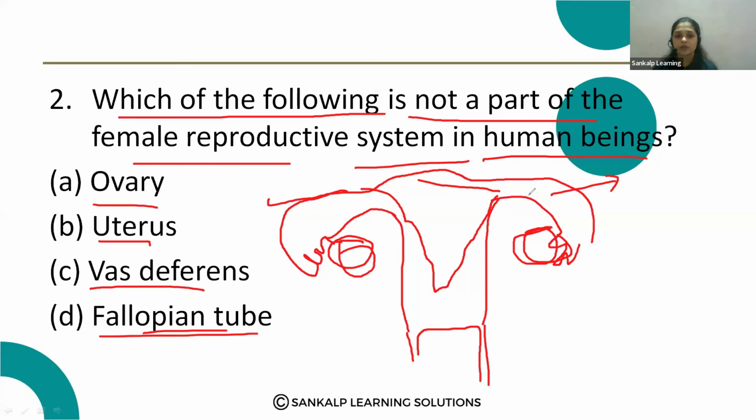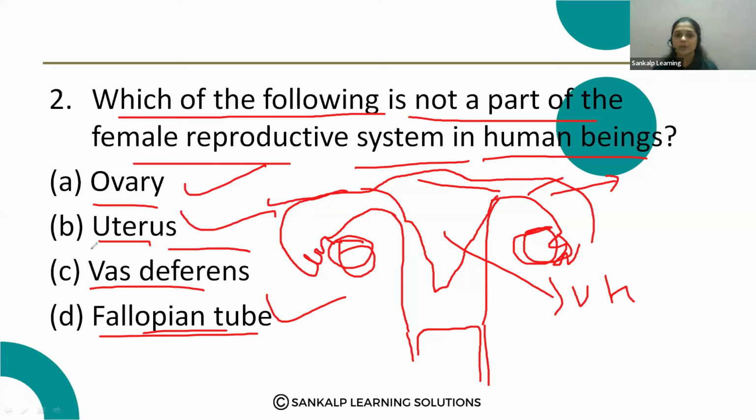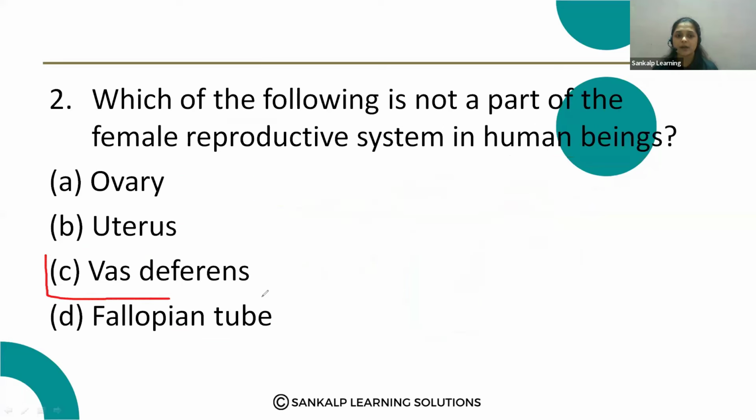And this is the uterus, right? So ovary, uterus and fallopian tube are parts of the female reproductive system. But option C is different. It is not a part of the female reproductive system. It is a part of the male reproductive system, and it is a duct that helps in the transport of sperms.